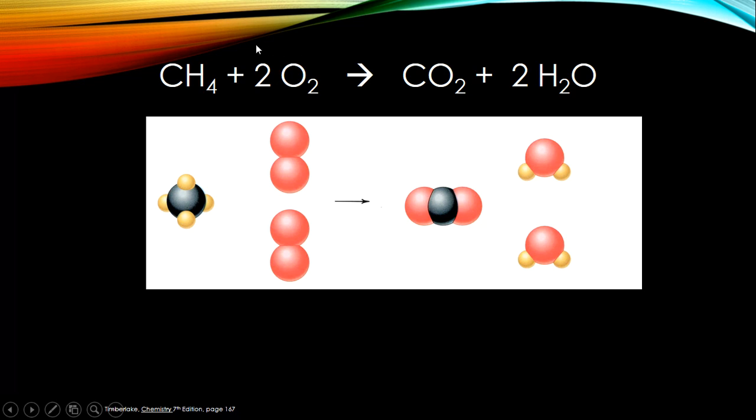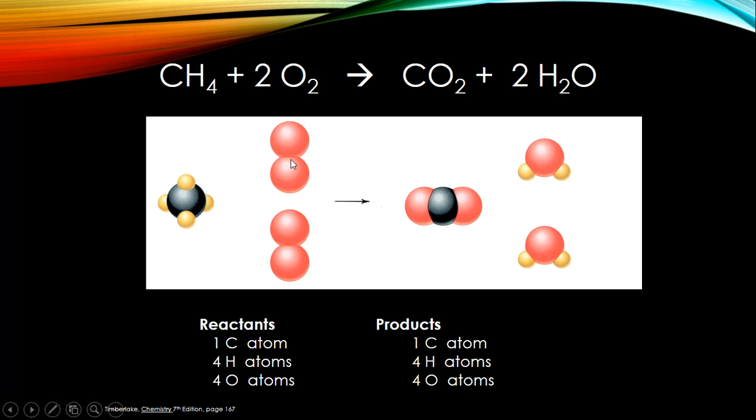You'll notice that there are coefficients, which are the numbers in front of the molecular formulas, and that helps make the number of atoms equal. We have the picture down here to illustrate that. C is this little black ball, H's are the tan, O's are red.